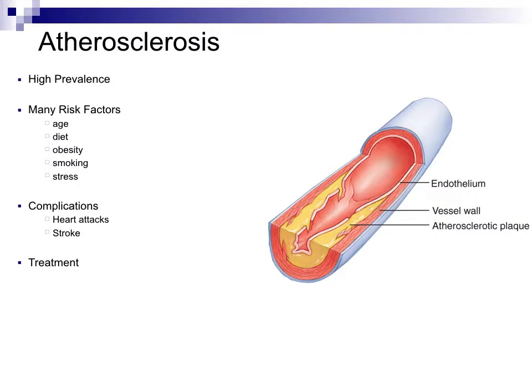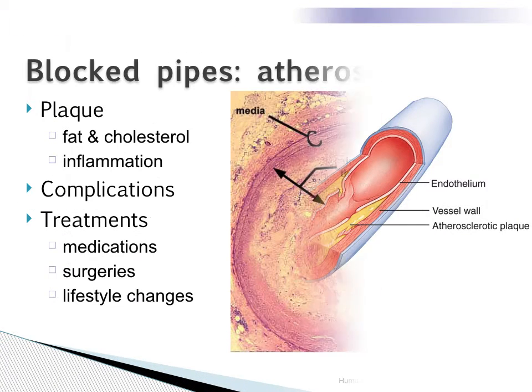Those are the types of foods, and particularly if you're overweight, inactive, you smoke, and are under stress, these deposits will accumulate over time. And if they happen in those coronary arteries, it leads to a heart attack, possibly. If it happens in the arteries in the brain, it can lead to stroke. Okay, so a very, very serious and important disease process.